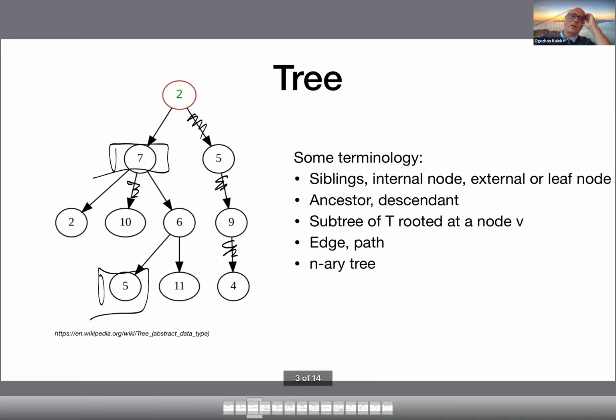So from 7, you can go to 6, and from 6, you can go to 5. So this is the path from node 7 to node 5. As I said, in a tree, all the paths between two nodes should be unique. Why? Because trees do not have any cycles. Okay. Good.